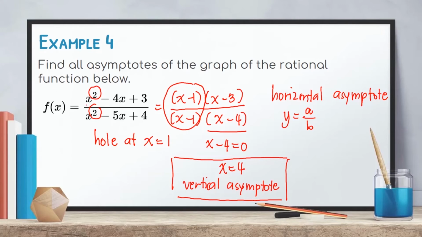The leading coefficient of the numerator is 1, and the leading coefficient of the denominator is also 1. Therefore, the horizontal asymptote is the line y equals 1.